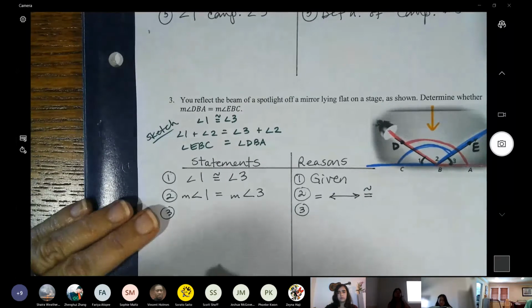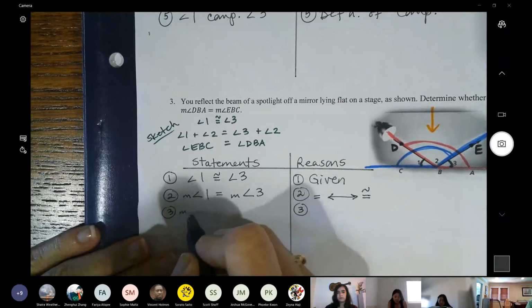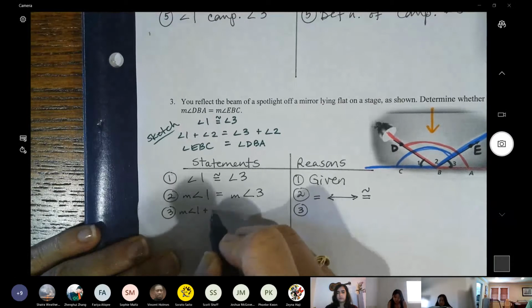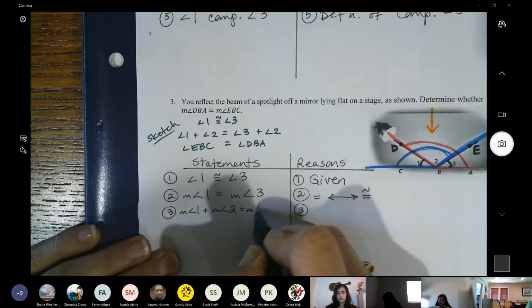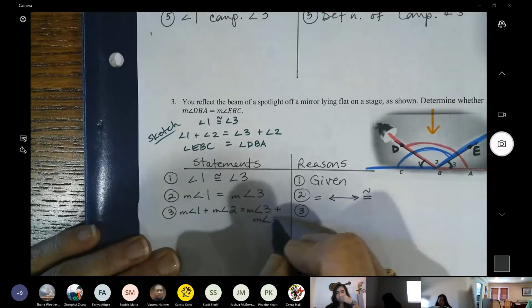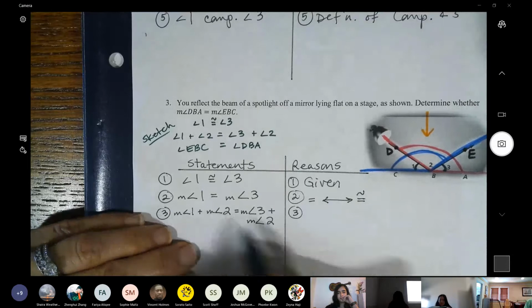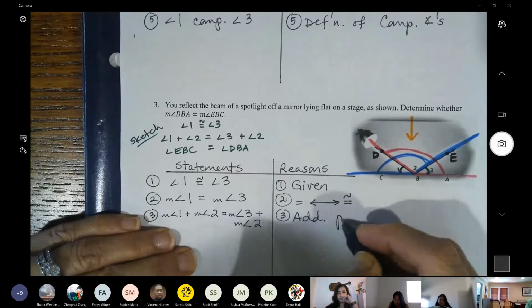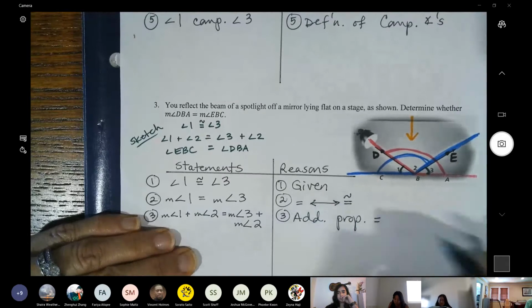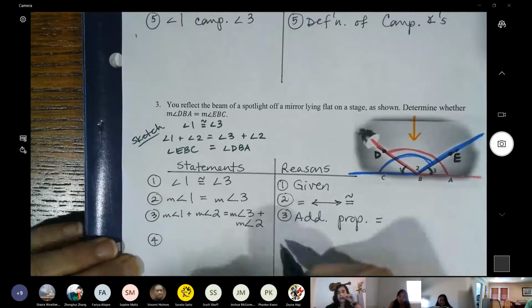So we'll throw this in. So measurement of angle 1 plus measurement of angle 2 equals measurement of angle 3. Oh shoot, I thought I had enough room. Okay, I don't. But all we're doing is adding the same thing on both sides. So that's the additive property of equality. Skip a line.